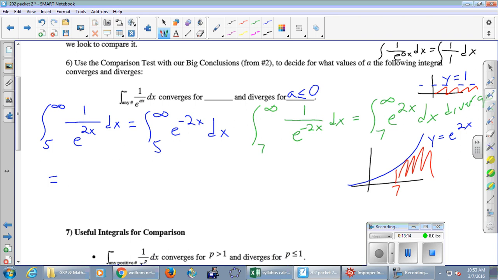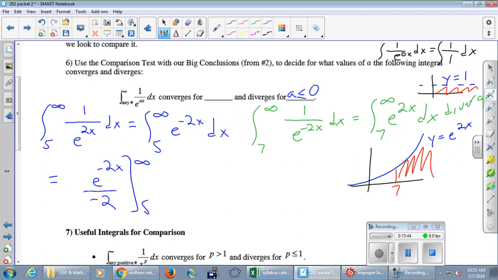You can check it later on, but anybody know? Is that right? And that's a derivative. We want an antiderivative. Yeah, it's this over -2. That's right. And then we're going from 5 to infinity.